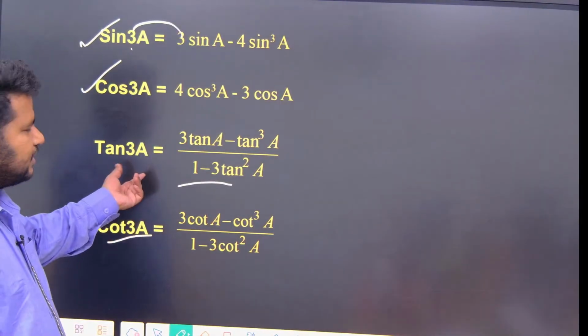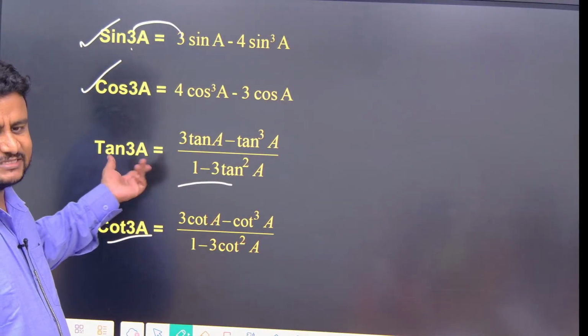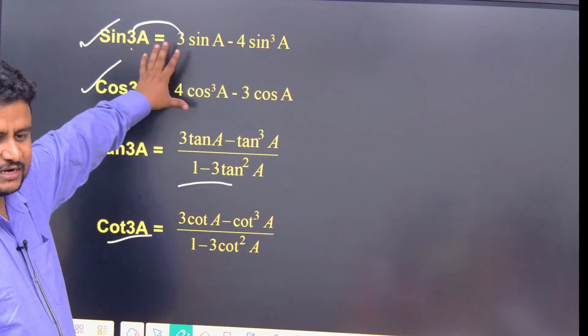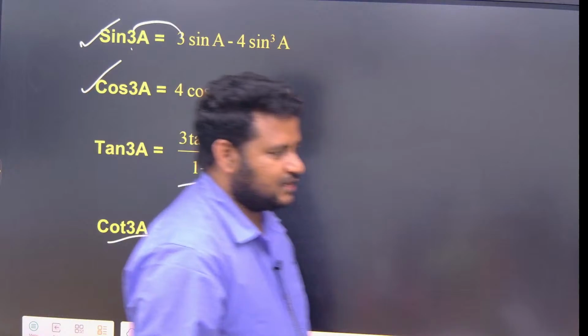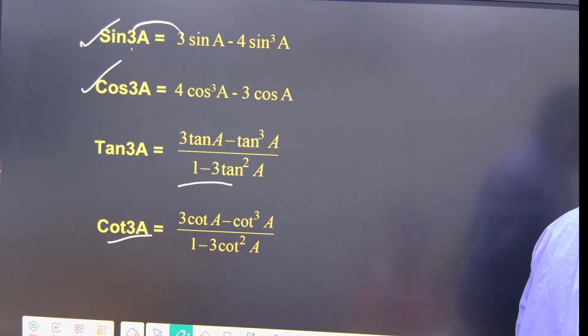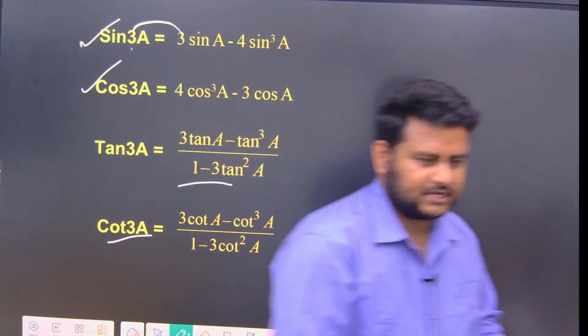Why is this not important? You can write it as tan of 2A plus A, so you can derive it directly. No need to worry. But this you have to definitely remember. Got it? Clear?